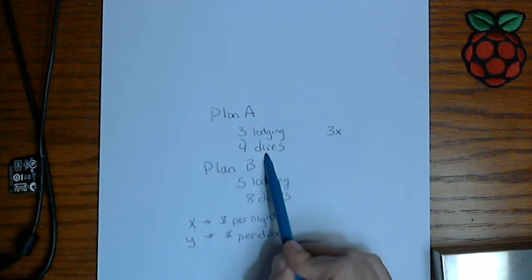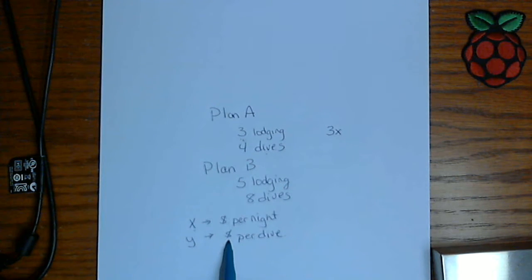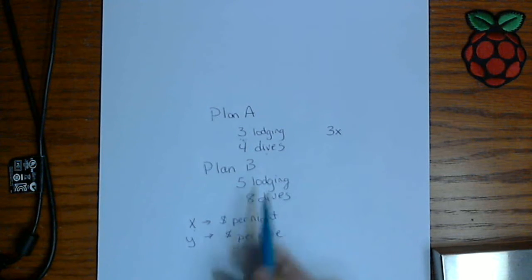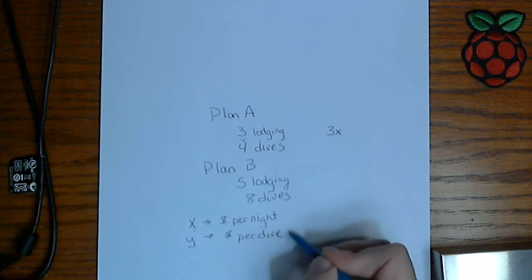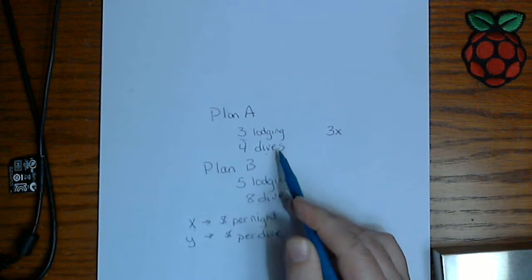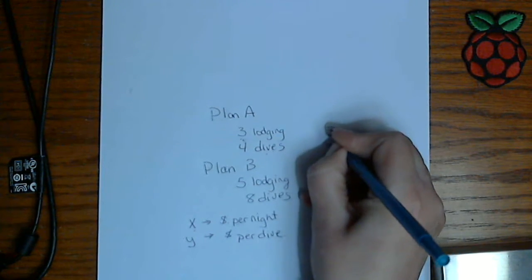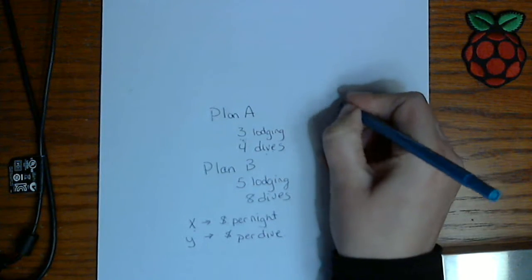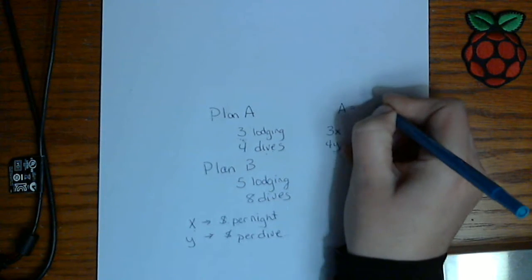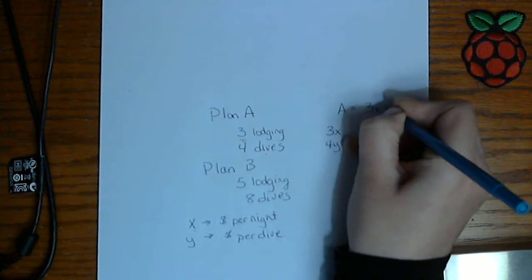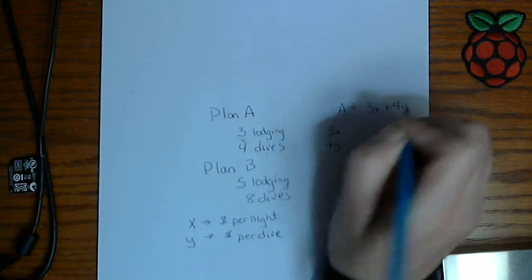And for 4 dives, each dive is going to cost y dollars per dive. Same pattern that I'm looking at. I'm looking at the amount per dive times the number of dives, so that would be 4y. So for Plan A, I need to pay a total of 3x plus 4y.